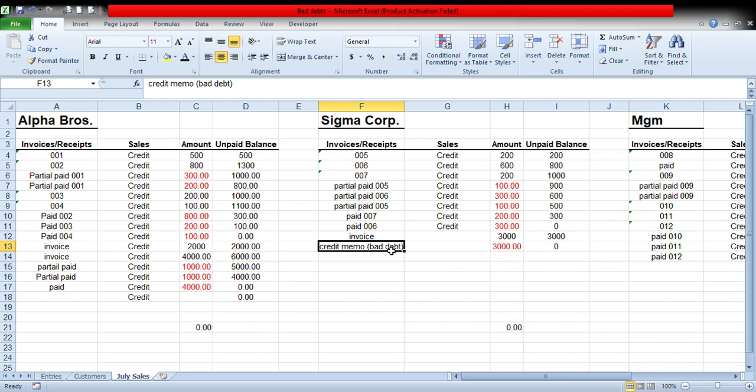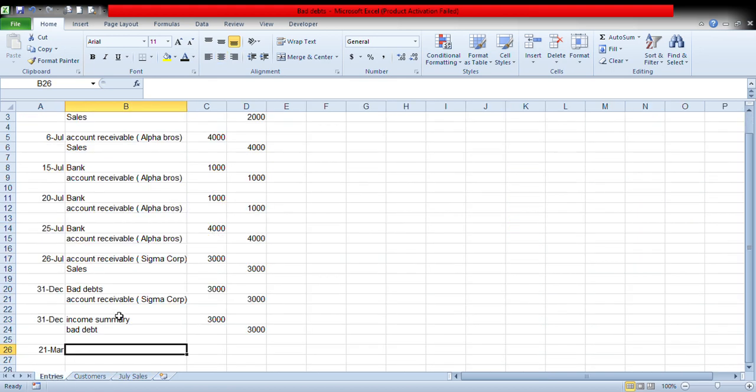So what am I going to do? You can edit this credit memo. You can reverse the bad debt expense entry as well. But here you already closed the bad debts. You can't reverse the bad debts. So what do you need to do here?